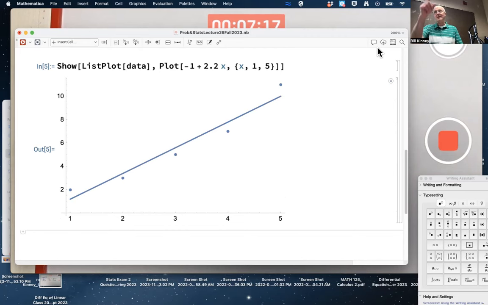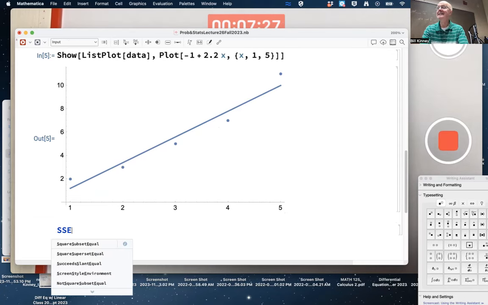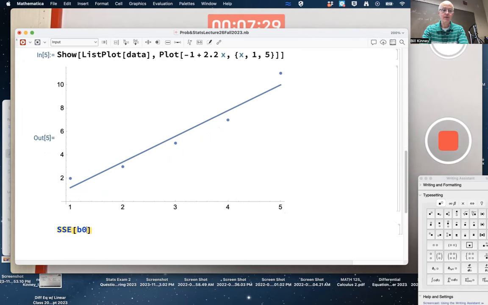You might wonder, does a quadratic function fit it better? We'll try that. But besides visualizing this, what else can we try to visualize? We can try to visualize the function SSE, right? Remember that function from last time? It was a function of, say, the unknown intercept and the unknown slope. SSE stood for sum of squares of errors.